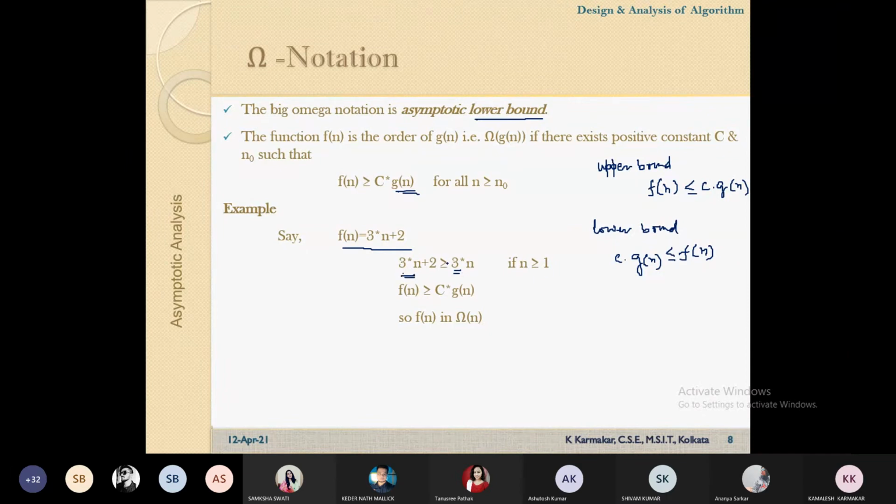So 3n plus 2 will always be greater than or equal to 3n. So for any value of n, this inequality will be satisfied. In our assumption, g(n) is this n. So the complexity of this function f(n) is big omega of g(n).